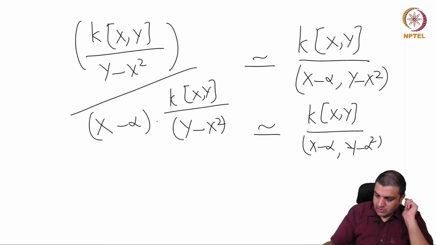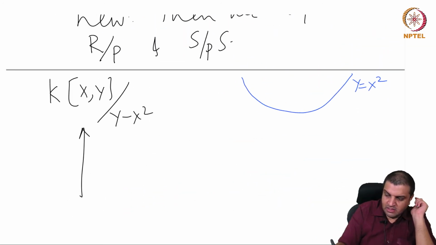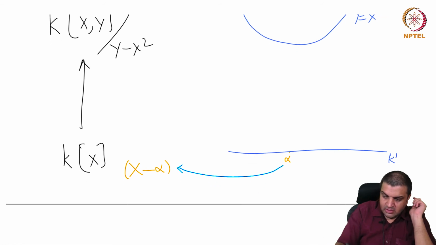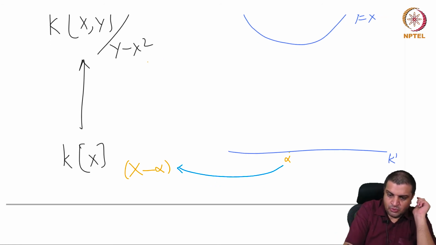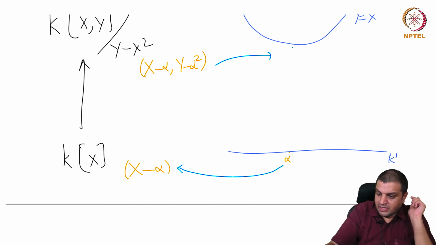So now, let's go back to this calculation here. The fiber over this point corresponds to the maximal ideal x minus alpha, y minus alpha squared, and that corresponds to the point alpha squared here.